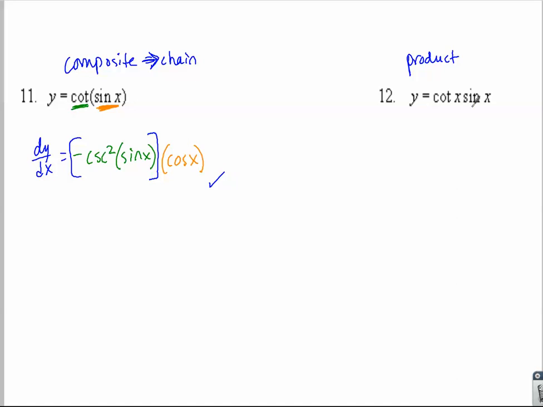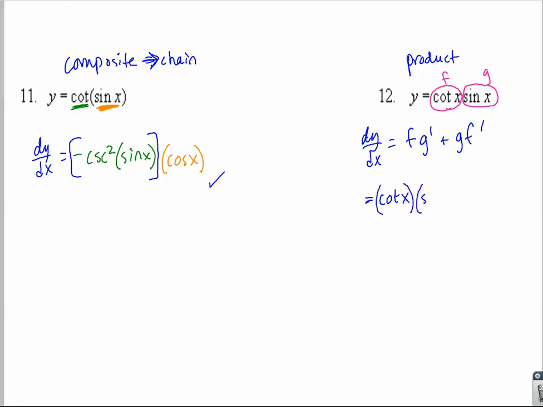This one, product, means we need product rule. So think about your product rule. One times the derivative of the other plus the other times the derivative of the one. And let's roll from there. Two of them are f and g. So I'm going to take one of the functions, cotangent x, times the derivative of the other function.